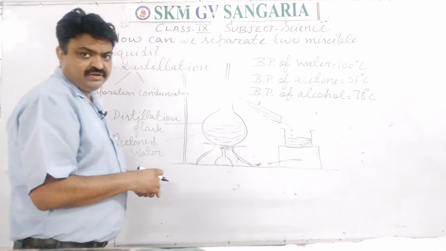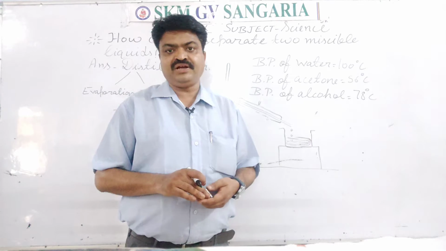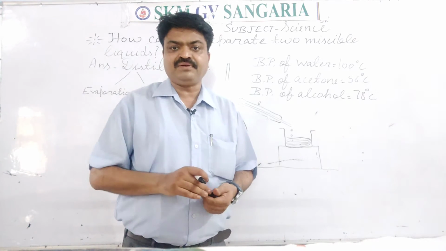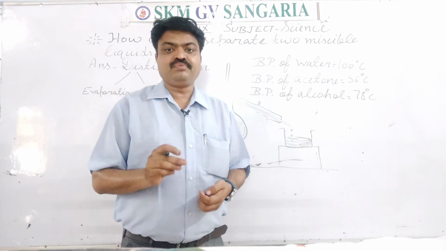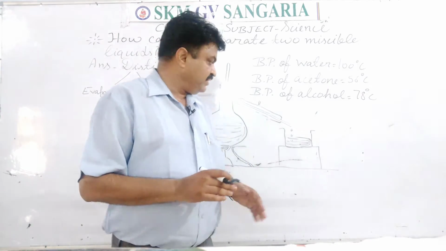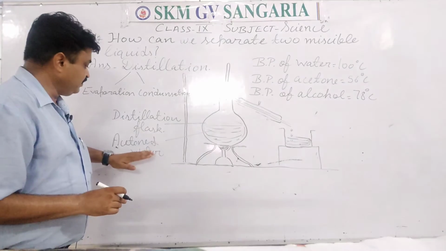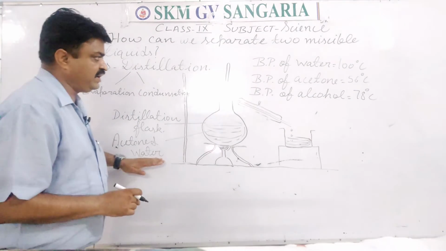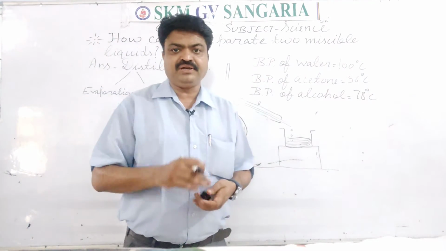Acetone and water are two miscible liquids, students, because they don't have a separating boundary. Both liquids are completely dissolved in each other, and the difference they have is in their boiling points.